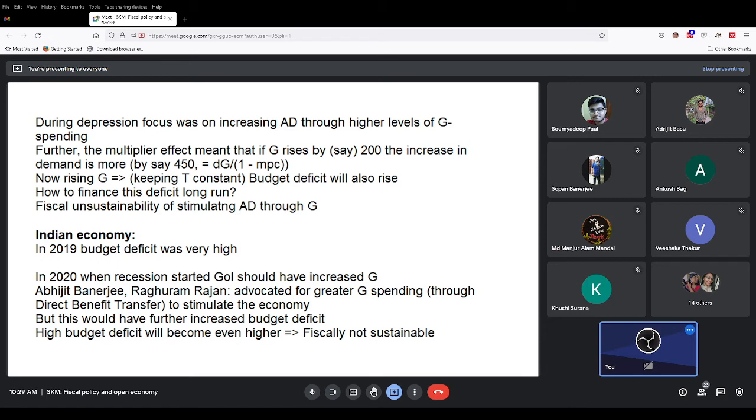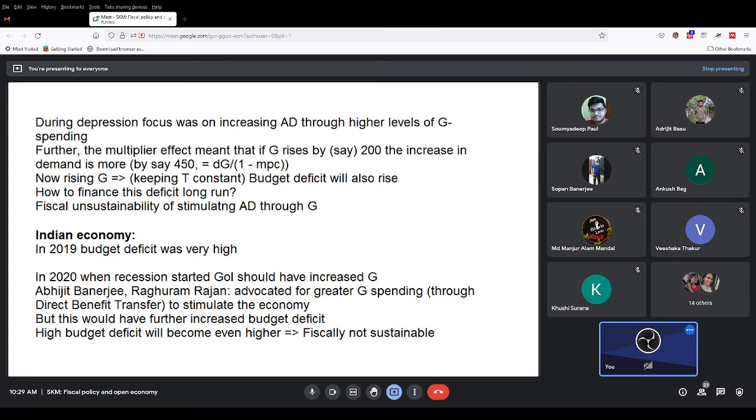So during a recession, like in 2019 when we had a budget deficit, and in 2020 during the recession, if we had increased government spending, it would have stimulated aggregate demand. This will lead to a rise in production, and so the government can get back the taxes.